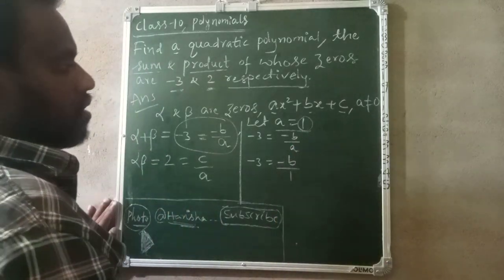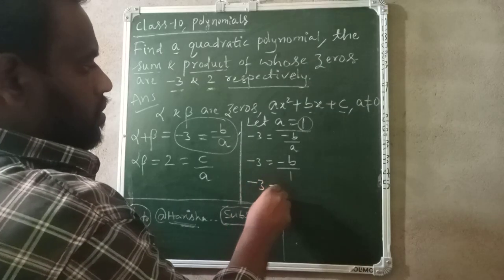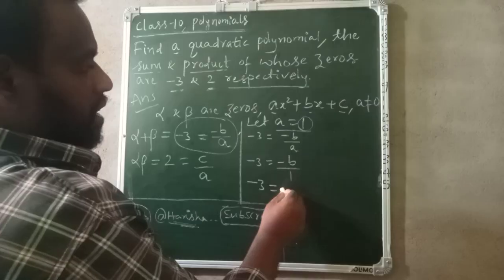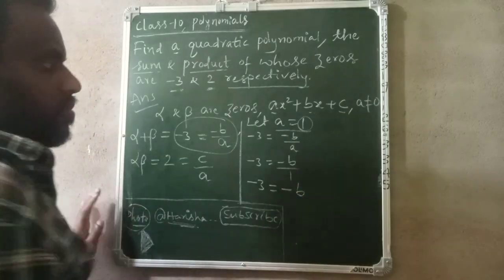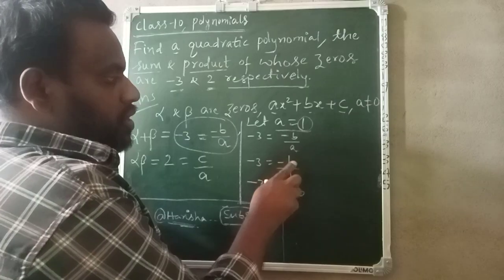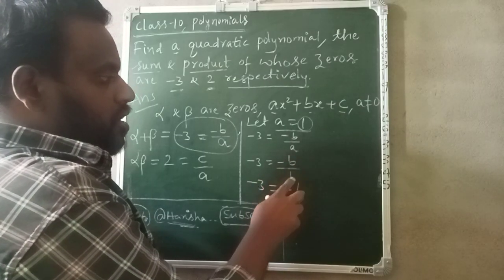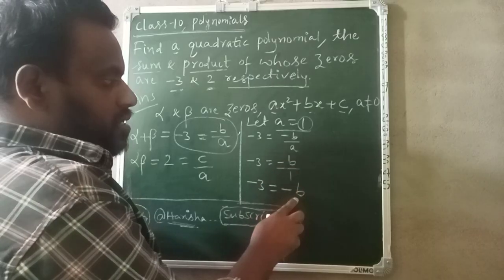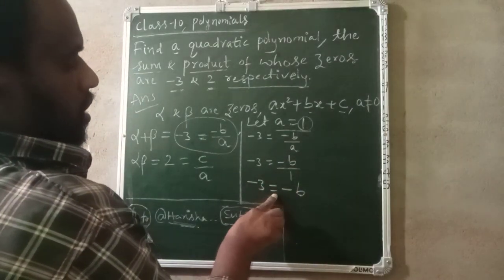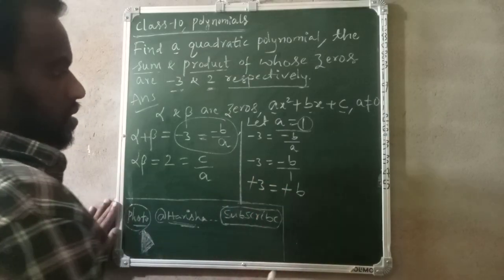Next, -3 is equal to minus b divided by 1, we get minus b only. Whatever the number is, if we divide by 1, we get the same thing. Now here the equal sign is there, here also minus, here also minus, we can just cancel out.